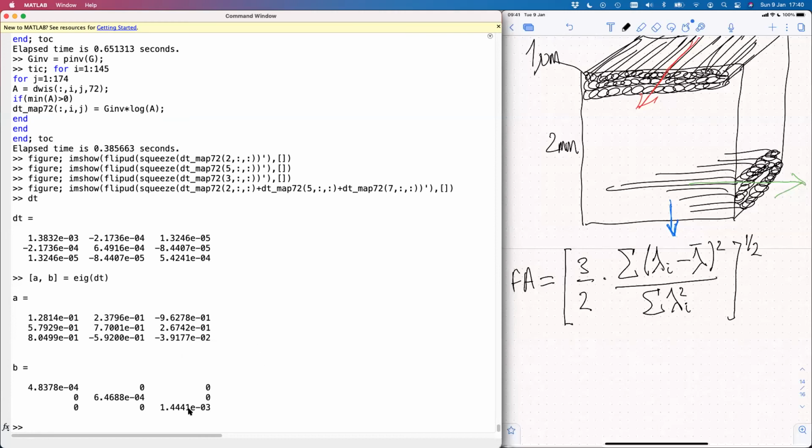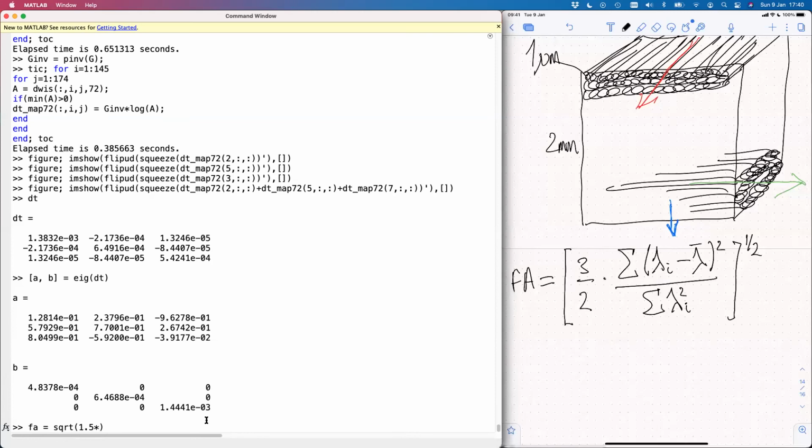Okay, so now to try and use these values to estimate the fractional anisotropy. I think we can write FA is then going to be the square root of 1.5 times, right, let's do the numerator first.